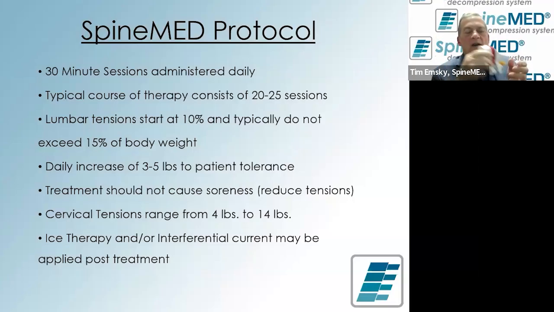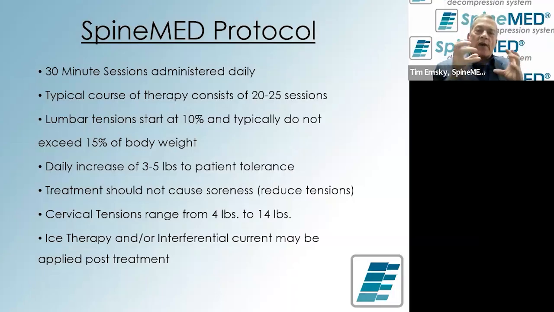And what we found is that that is the annulus being irritated from being over-distracted. Now, the problem is it's never uncomfortable on SpineMED. You can exceed the protocol dramatically on lumbar treatment, and it's never uncomfortable, but the patient will experience that sensation. And that's our indication you're causing an inflammatory response right at the annulus, which of course we don't want to do. We're trying to reduce inflammation in the spine and speed healing.